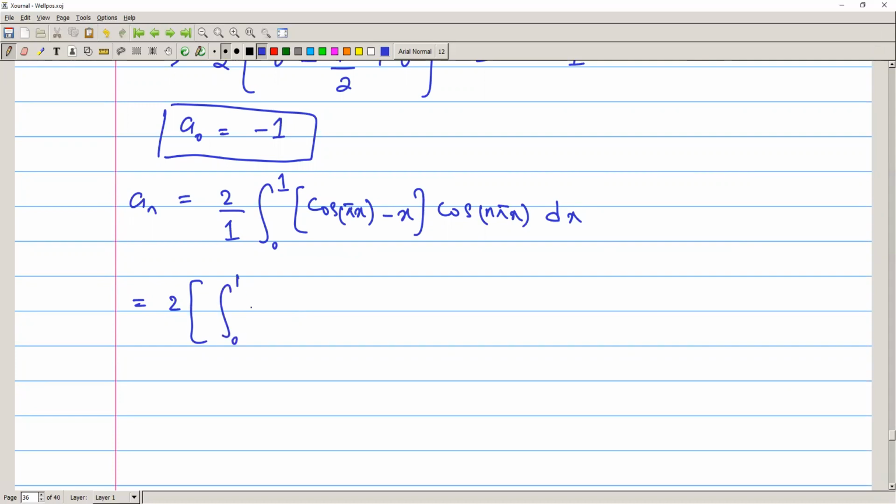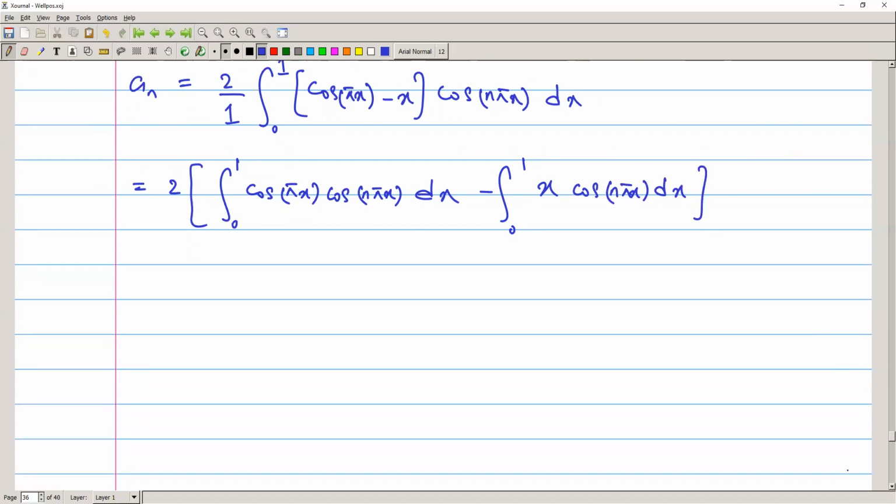So 0 to 1 cosine pi x times cosine n pi x dx, minus limit 0 to 1 x cosine n pi x dx. So it will be 2 times.